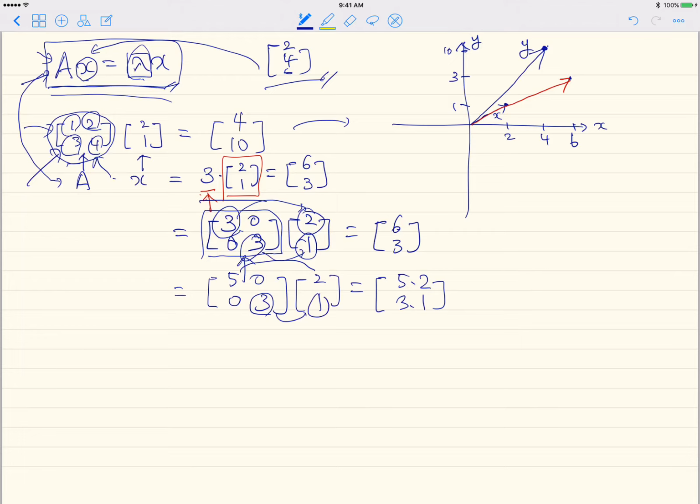So these are just scaling the vector elements by using each of these diagonal entries. Yeah, so this is an intuitive understanding of eigenvalues and eigenvectors.